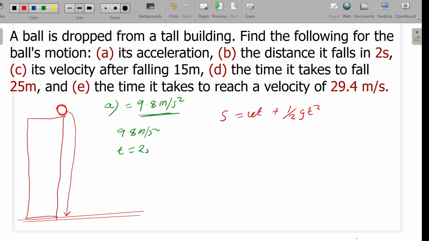We have distance here, and we also have acceleration due to gravity. We also have time here, since we are looking for the time it will take.